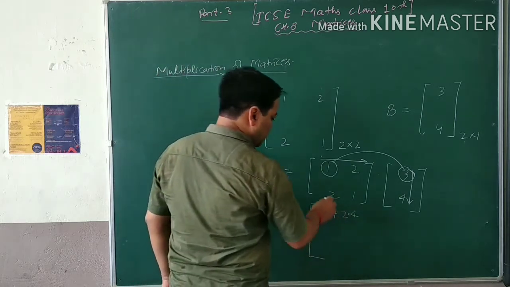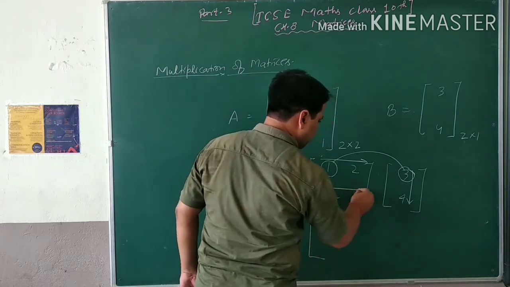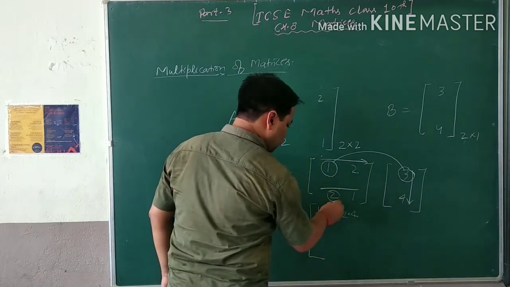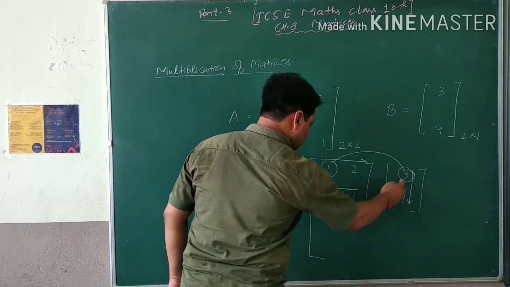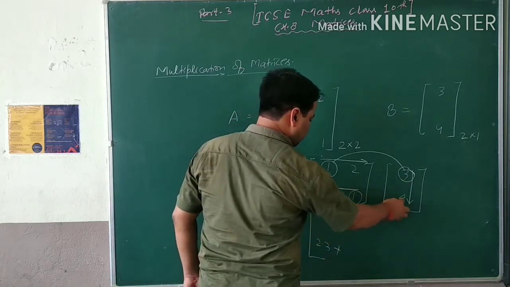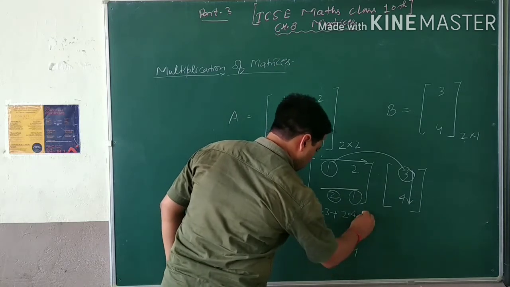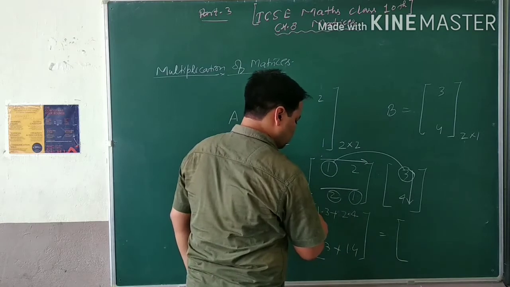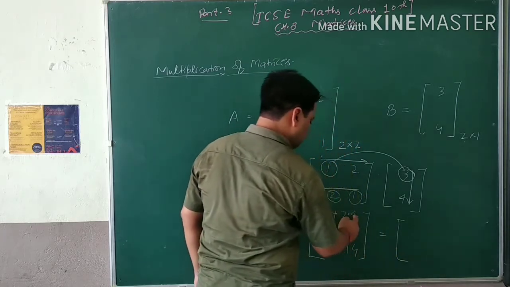Again, the second row and first column. Here 2 multiplied by 3, 2 into 3, plus 1 into 4. Therefore 1 into 3 is 3 and 2 into 4 is 8.